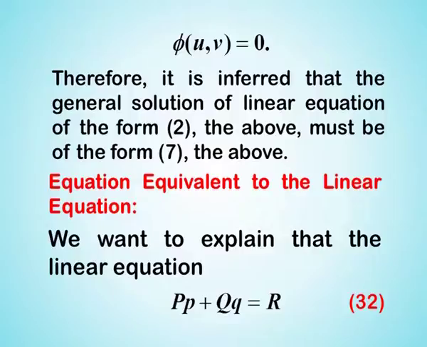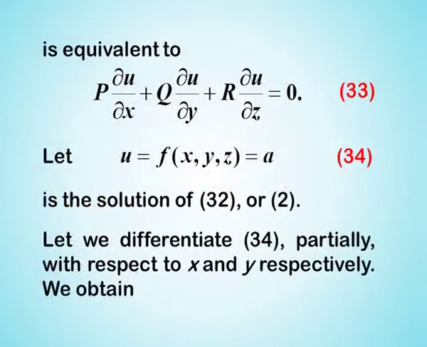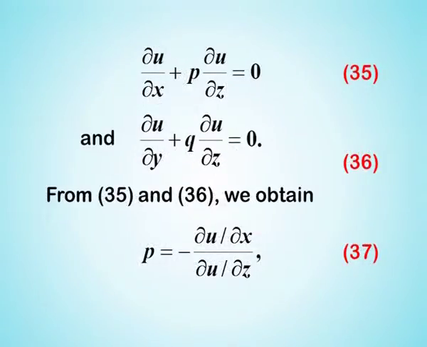We want to explain that the linear equation given by 32, which we have read earlier, is equivalent to this and this, 34 and 33, the solution of 32 or of equation 2. Let me differentiate 34 partially with respect to x and y, and we obtain these results, very simple.